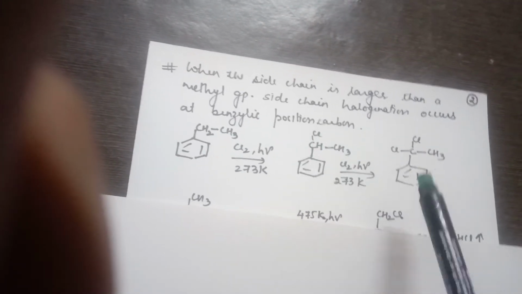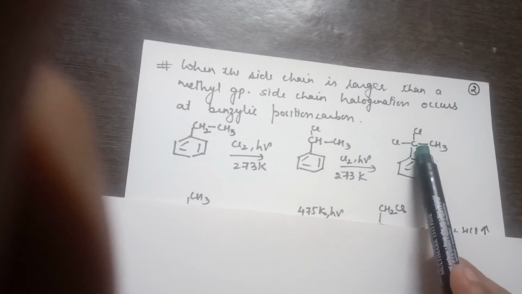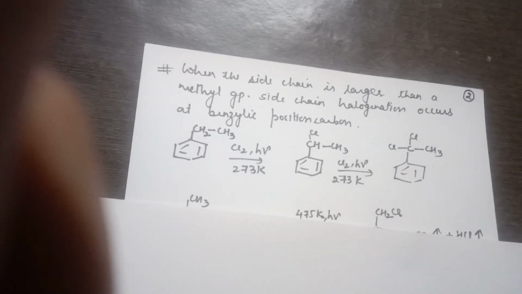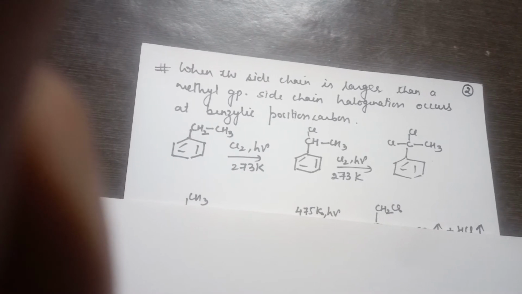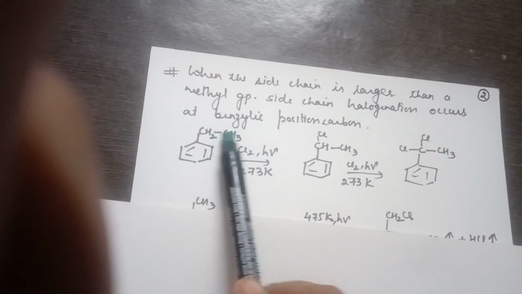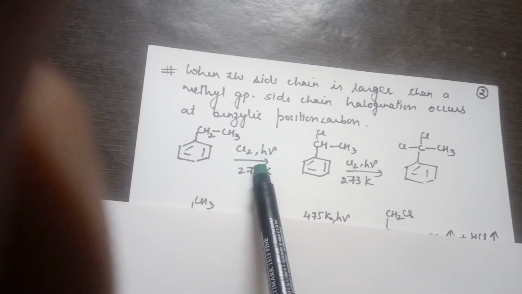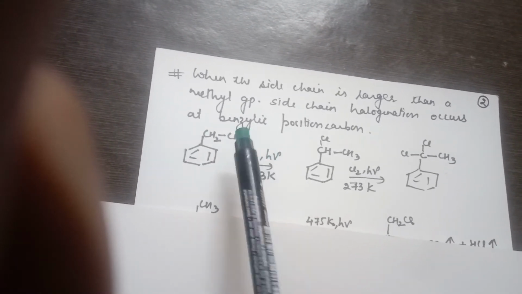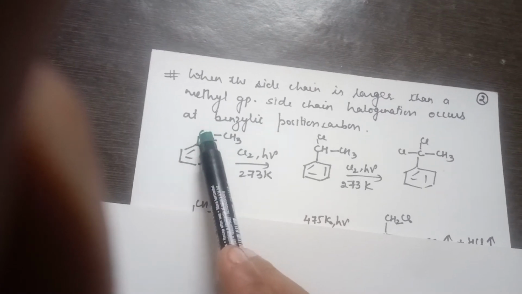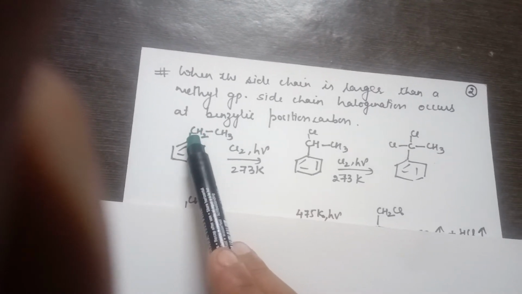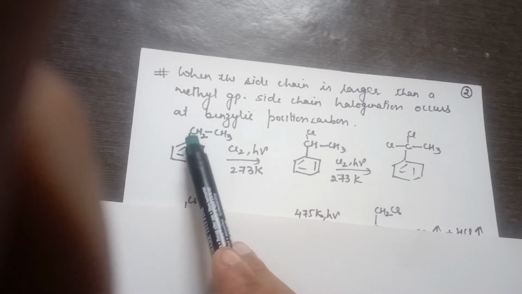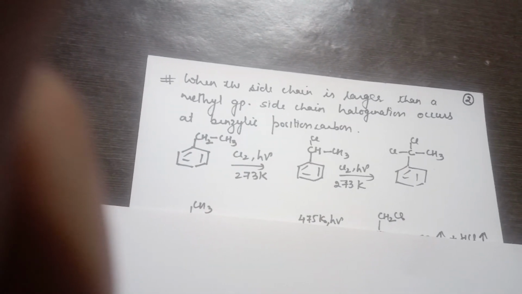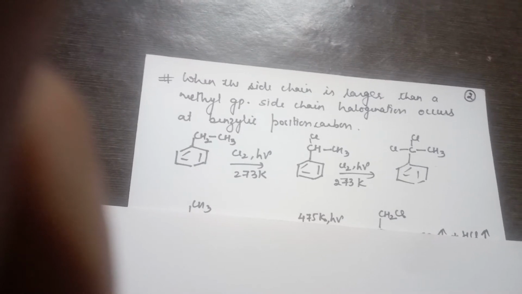And you can see again, Cl is getting substituted at the benzylic position. So however long a chain you have on the benzene ring, side chain halogenation will only take place at the benzylic carbon. This is also known as benzylic halogenation. This is a very important category of reaction.